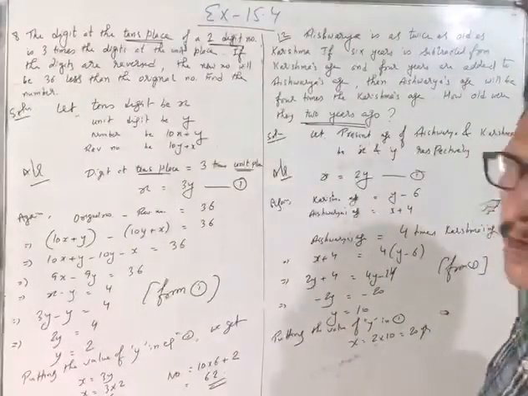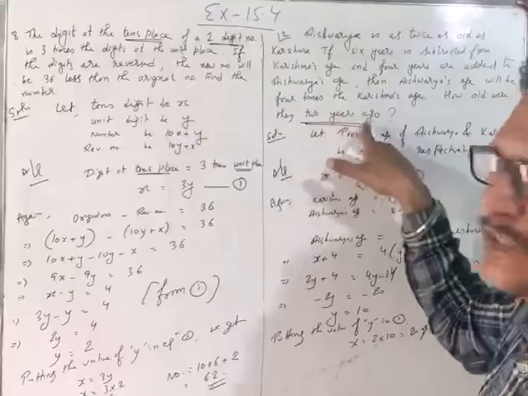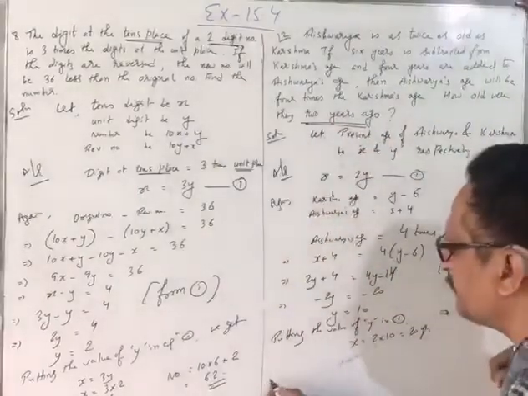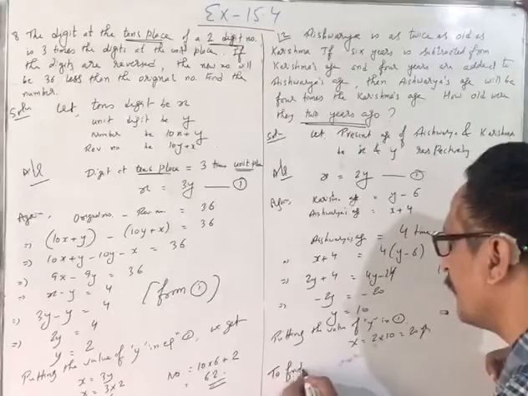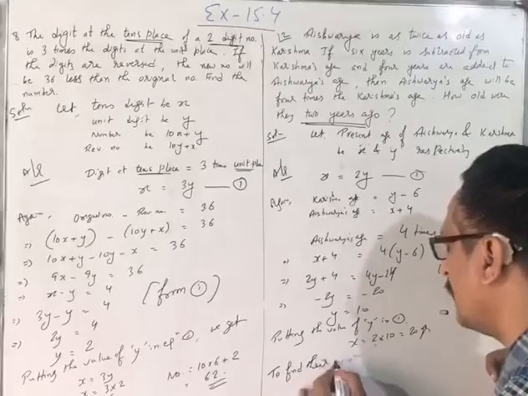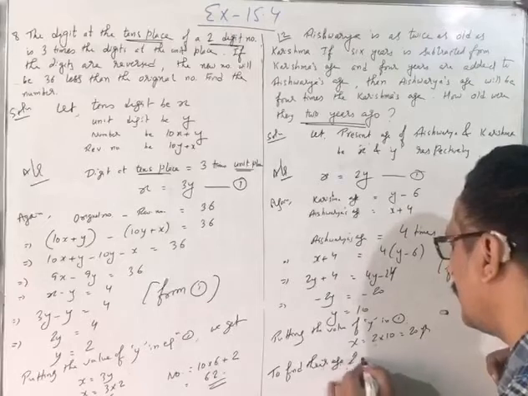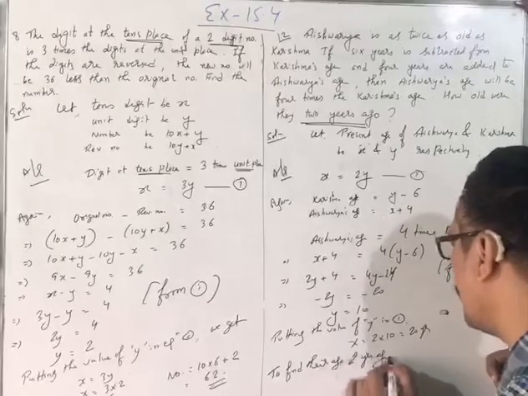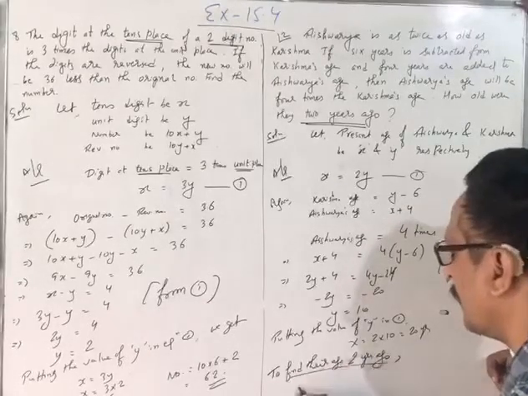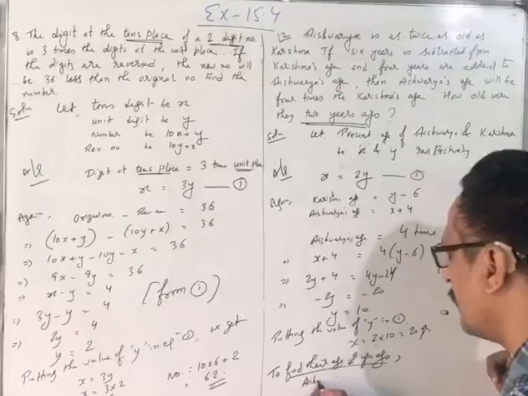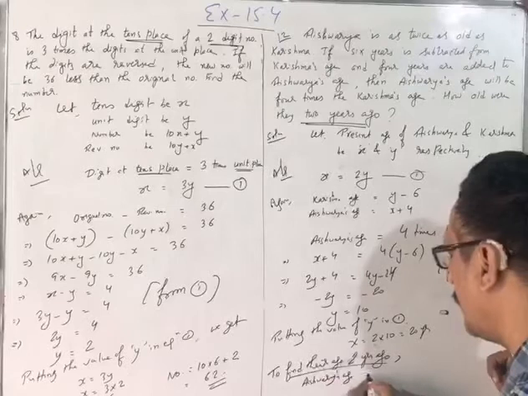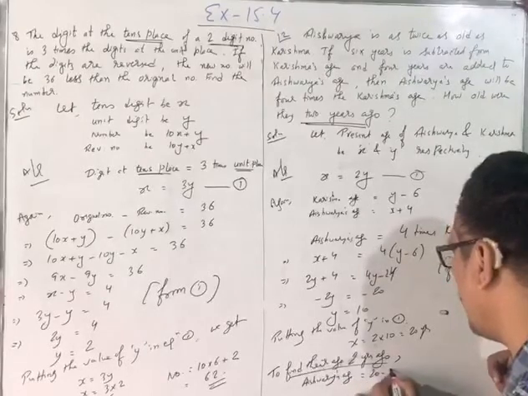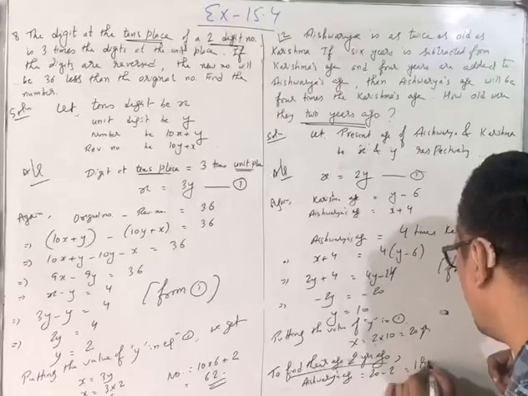Now you have to find out their ages 2 years ago. So now, Aishwarya's age 2 years ago means 20 minus 2, equal to how much? 18 years.